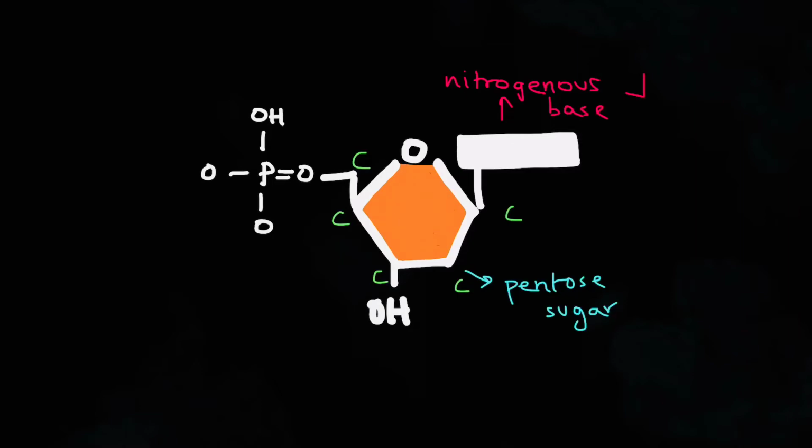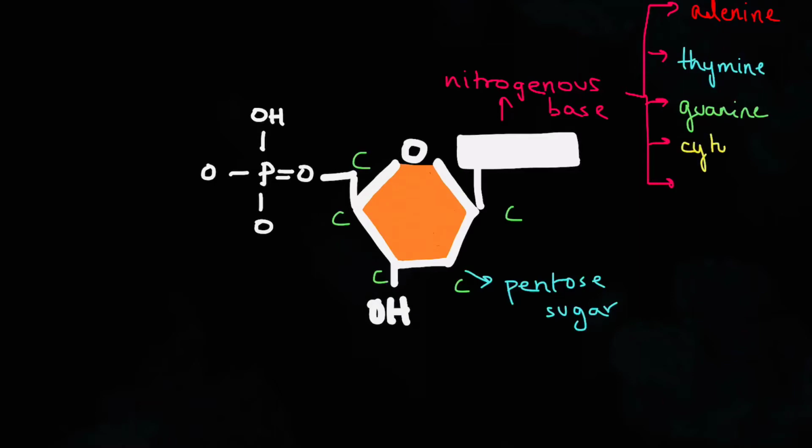There are 5 different nitrogenous bases. We have adenine, thymine, guanine, cytosine, and uracil.